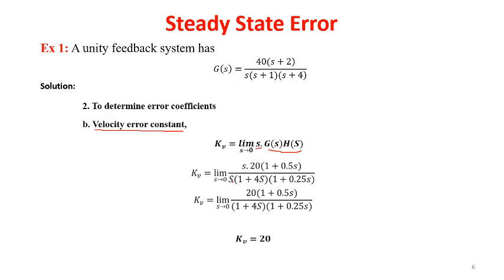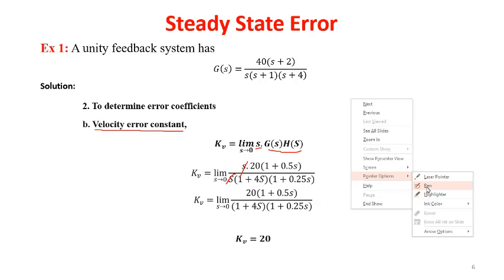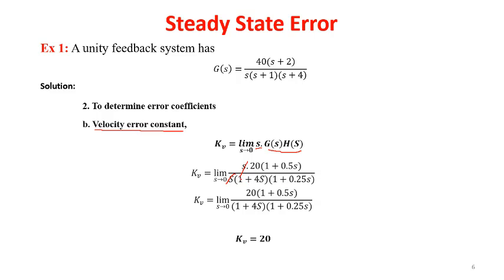Before substituting s equal to 0, we will simplify this. S gets cancelled. After cancelling s, we get 20 times (1 plus 0.5s) whole divided by (1 plus 4s)(1 plus 0.25s).